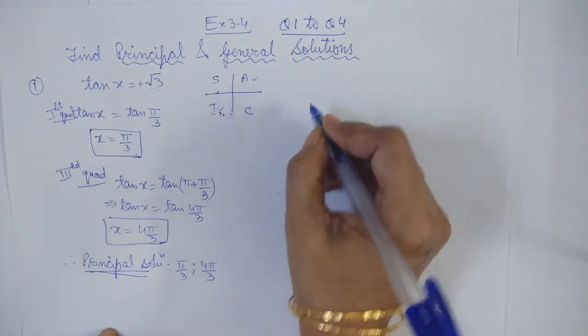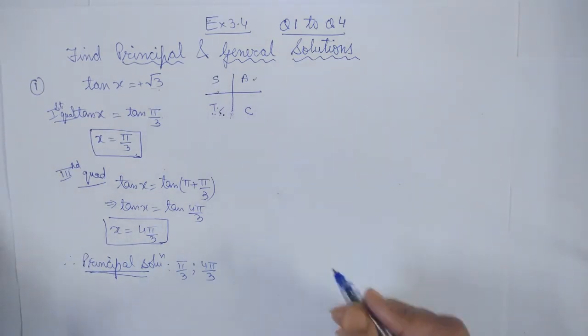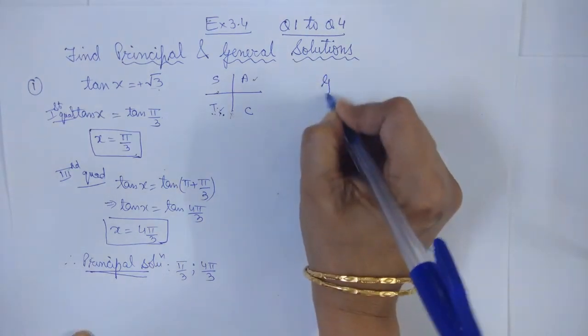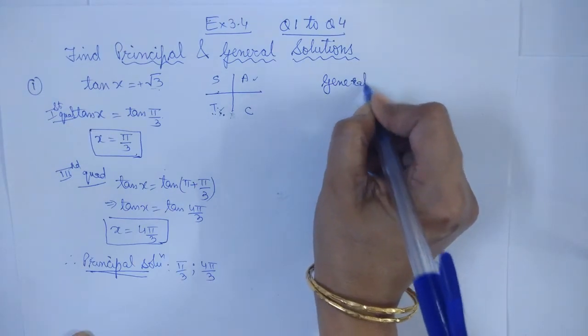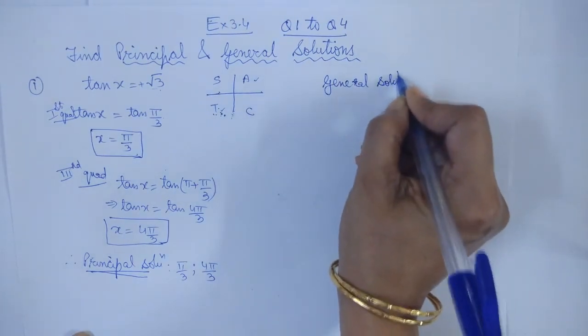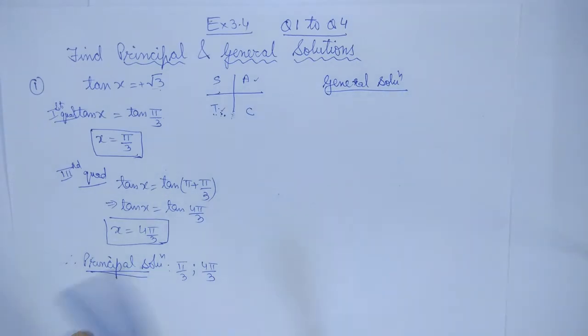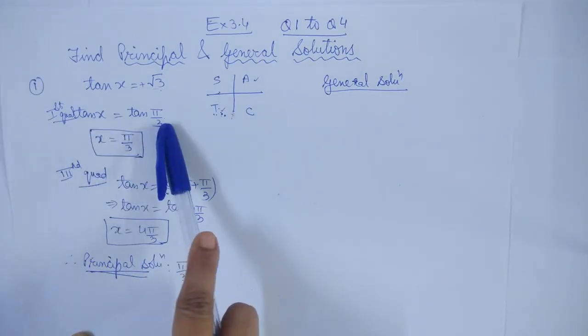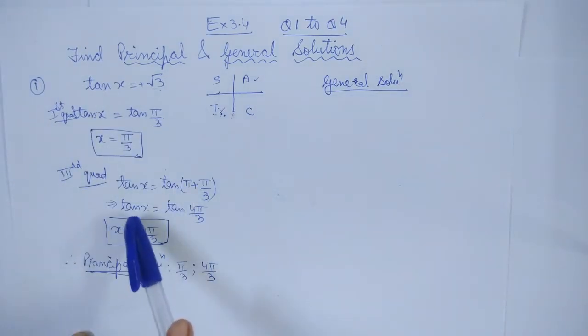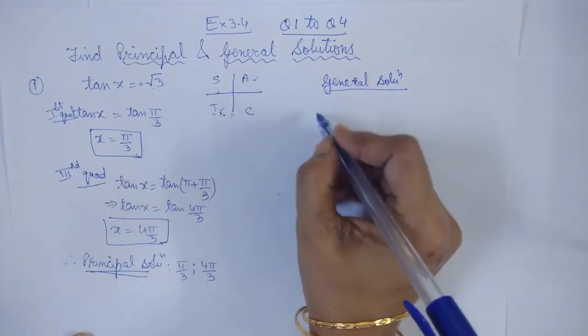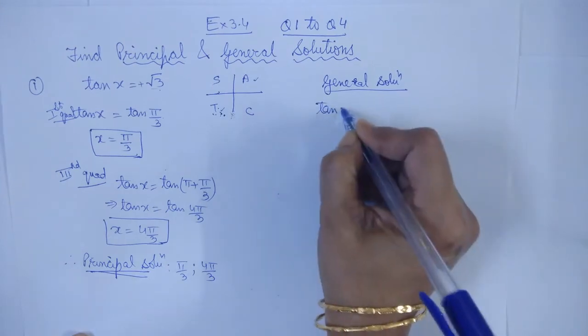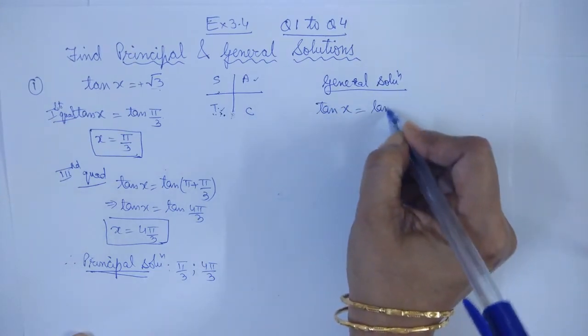The general solution is expressed in the form of n. And here it is given tan x equals tan pi by 3, or we can take tan x equals tan 4 pi by 3 also. So for general solution, tan x equals tan y.